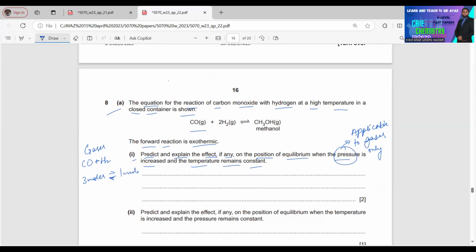So definitely the equilibrium will shift to the right hand side. Position of equilibrium shifts to the right or to the product side.